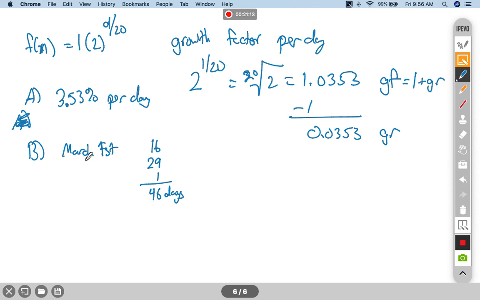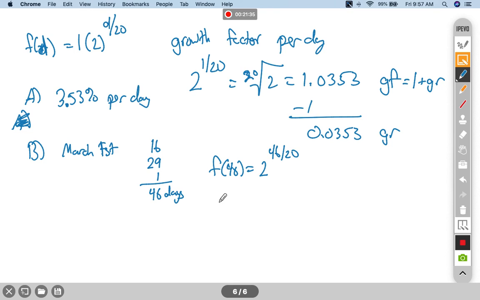So you could answer B without doing A, because we have this function here. I could say f of 46, oh, I should have a d there, sorry, is 2 to the 46 over 20.